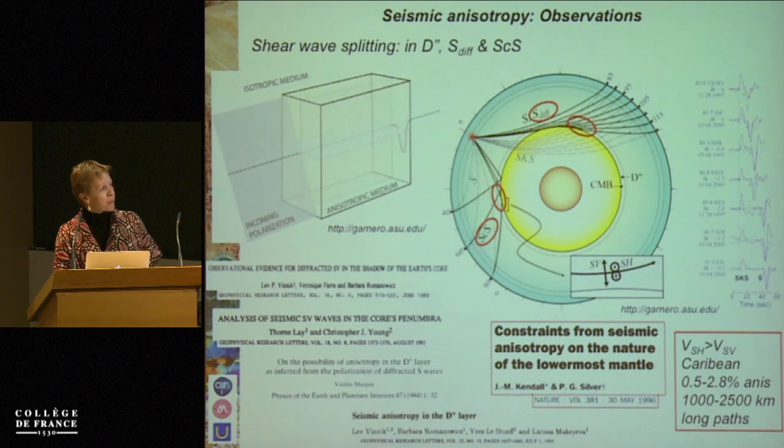Then this paper is one of the first that tried to use the usual shear wave splitting techniques that you use for the shallow mantle for looking at the lowermost mantle, the D double prime. And essentially, the main conclusion is also that they had SH waves traveling faster than SV, and they could have a first quantification of the intensity of the anisotropy in this layer.